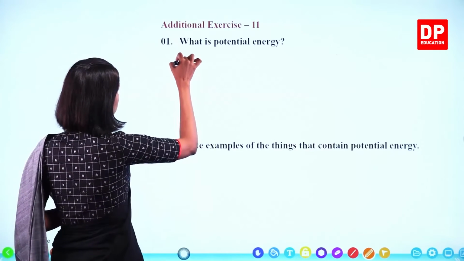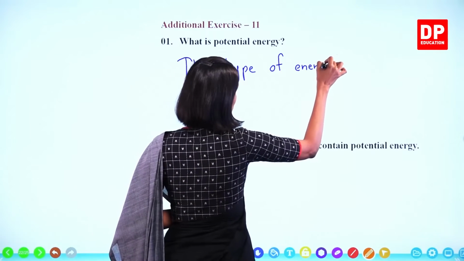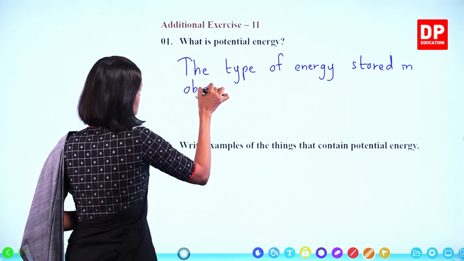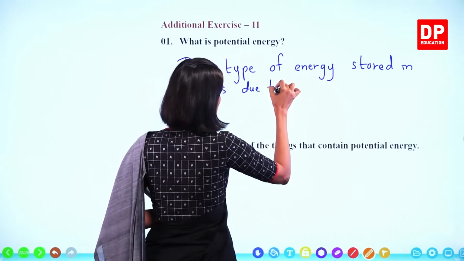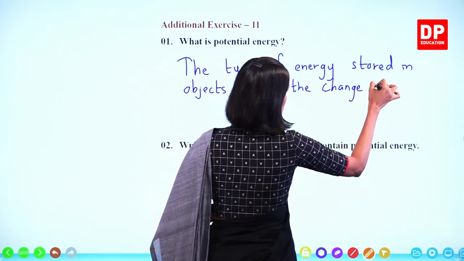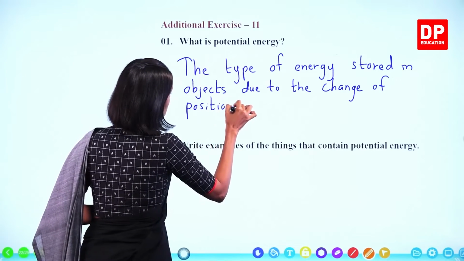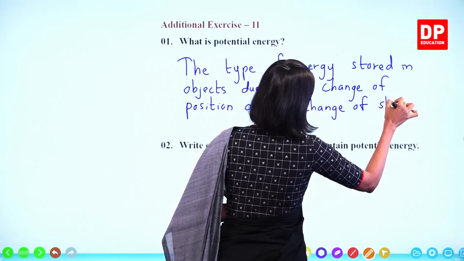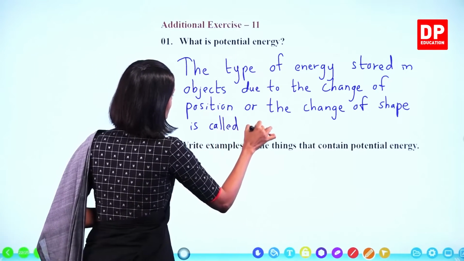Okay, let's write: the type of energy stored in objects due to the change of position or the change of shape is called potential energy.